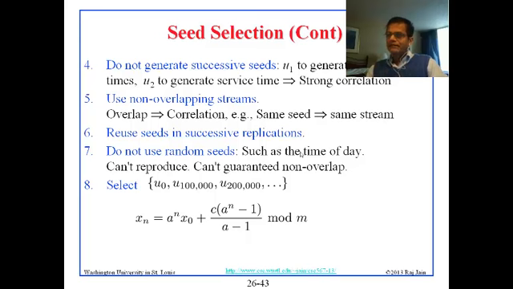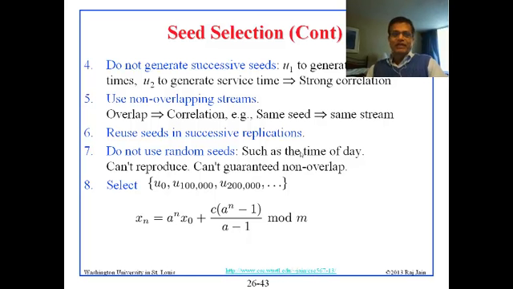Because if U1 gives you U2 and then U2 gives you U3, U1 will give you U3 just after one number. Therefore, don't generate the seeds from the random number generator. Is that clear to everybody?